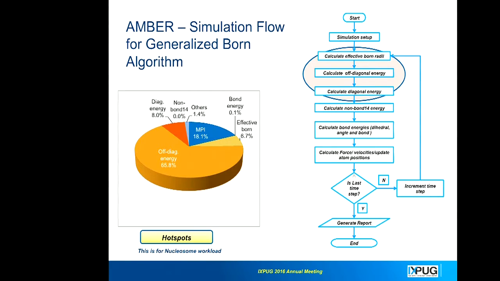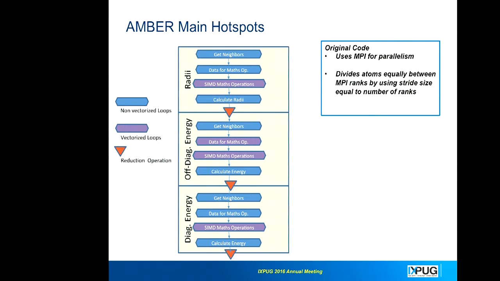If you see these three hotspots which I have mentioned, all three have a very similar flow. You take an atom, find its neighbors, and you get a lot of data about the atom and its pair, and you collect this data and do math operations.